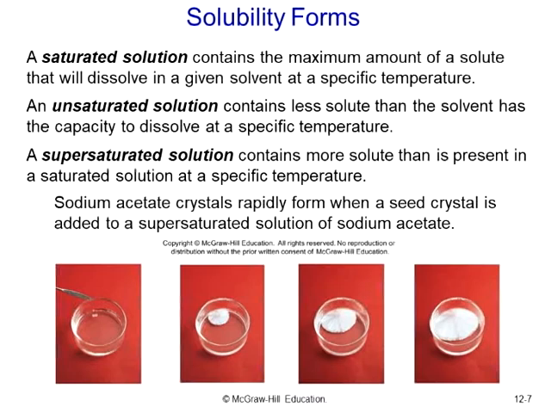That means you pass the saturation point. So, solubility forms involve saturated solutions, which means you have the optimum amount of solute in solvent. Unsaturated solution means you have less than the solvent could accept. And supersaturated means you pass the ideal saturation point for that solution at that temperature.